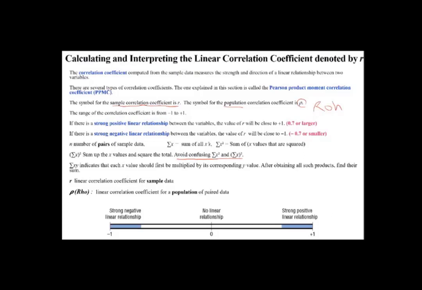We've been through that when we did the standard deviation, so we should be fine. Summation of xy indicates that each x value should first be multiplied by its corresponding y value, and then add them up. R is the linear correlation coefficient for sample data. Rho is the linear correlation coefficient for a population of paired data.